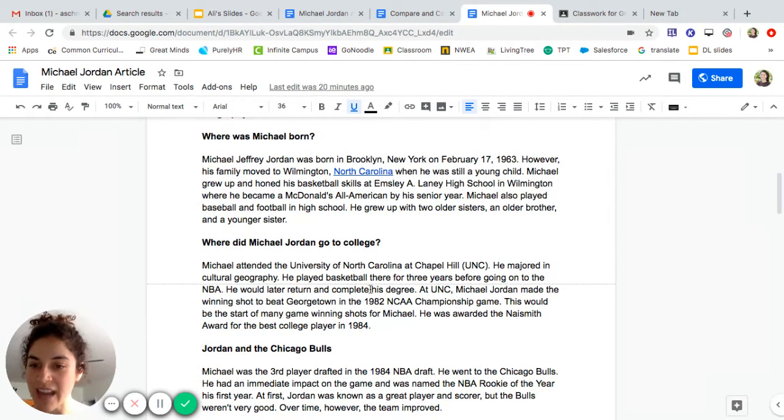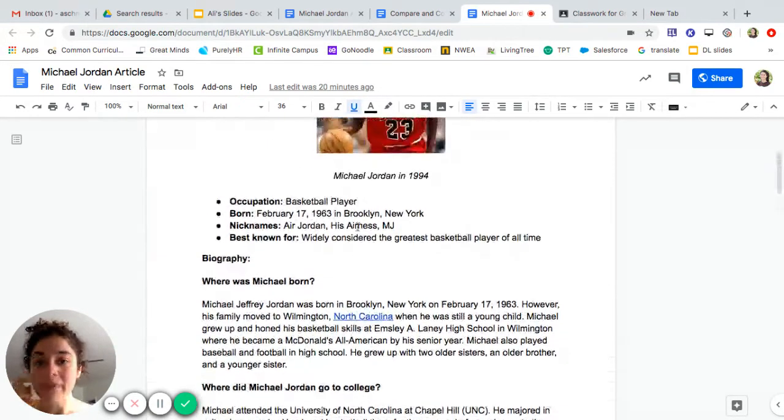Before I start this next section, think to yourself, what is something that you notice so far? This is an informational text. What do I notice? What are the characteristics? What do you see here? I know one thing that I notice is it's giving us facts. It's telling us where Michael was born. Where did he go to college? It told us what some of his nicknames are, when he was born, what his job was.